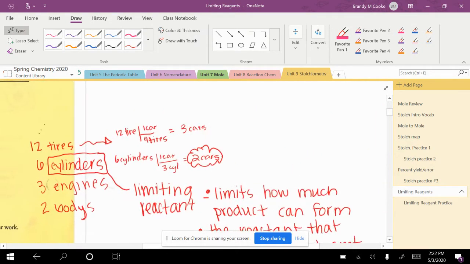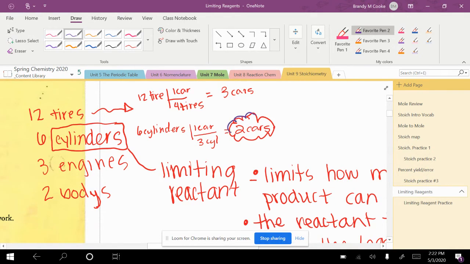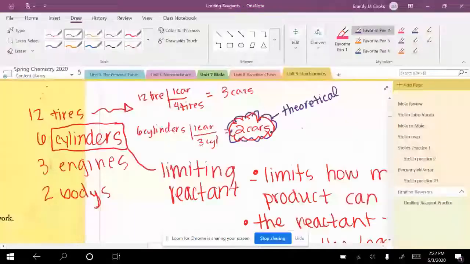Okay, so let's go back to our calculations here. So I said I had 12 tires and I had 6 cylinders. We decided that my 12 tires could make 3 cars. My 6 cylinders could only make 2 cars. My 6 cylinders, those are my limiting reactant. And so this, the 2 cars, what do you guys think that is called now? Think about it. That's my theoretical yield, right? Because the theoretical yield is the amount of product that you should make if the lab went perfectly.